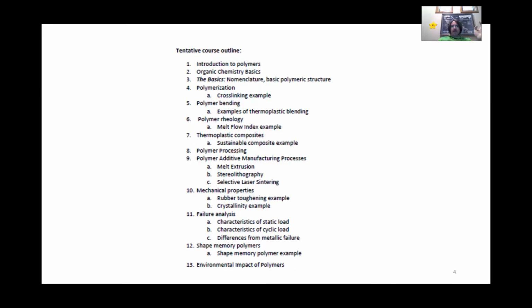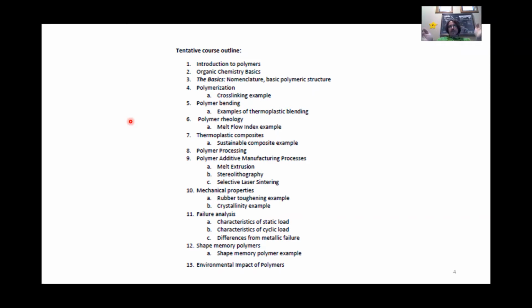Here's a course outline, straight out of the syllabus. We're going to talk about Introduction to Polymers and Organic Chemistry Basics. I'm going to merge these two topics and not have them be digital. We're going to go back and forth between Introduction to Polymers and Organic Chemistry Basics because you can't really do one without the other. Then we're going to get into the basics, nomenclature, and basic polymer structure.